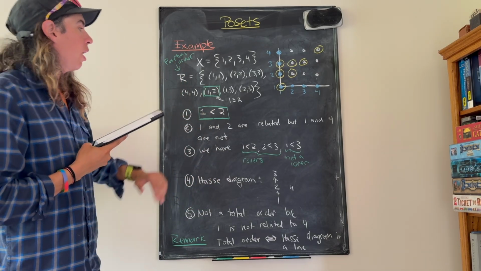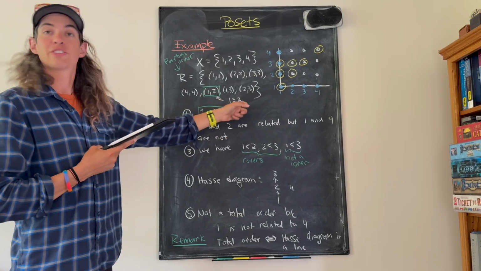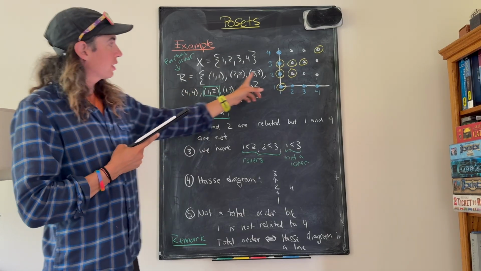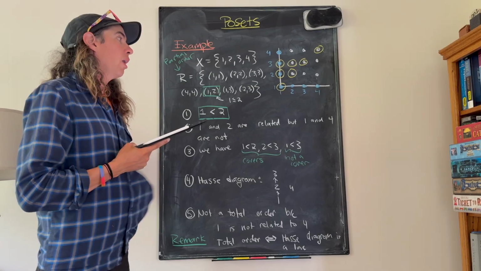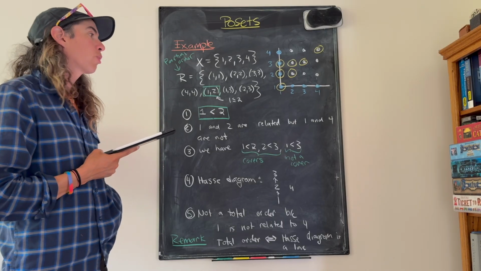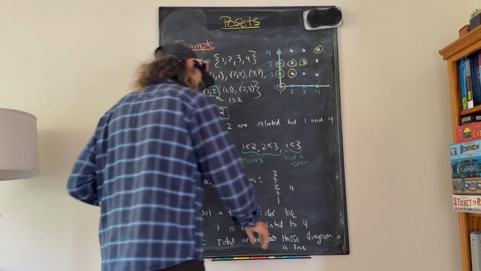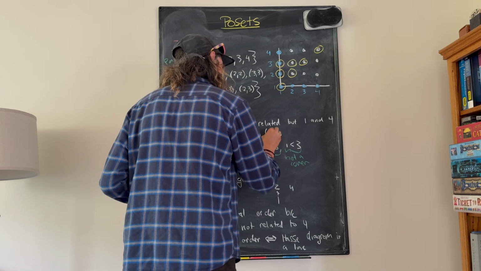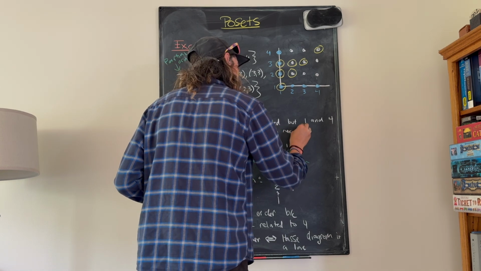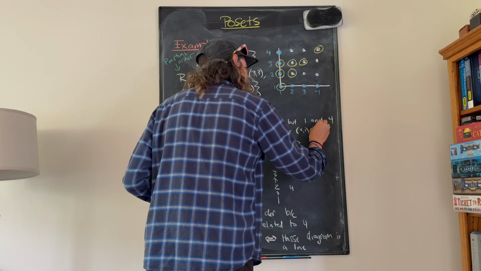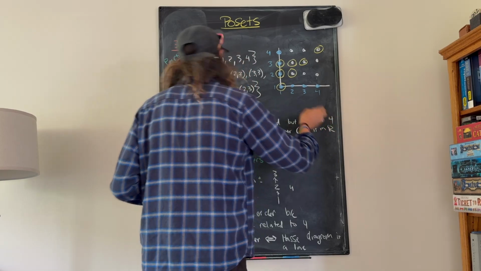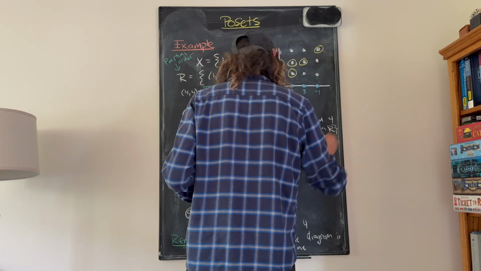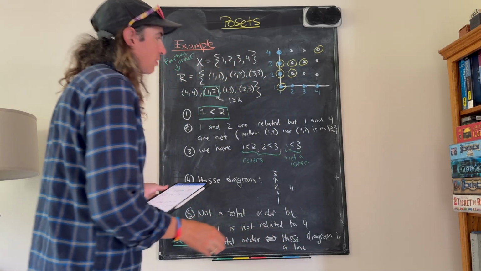Number 2. 1 and 2 are related because 1 is less than or equal to 2, but 1 and 4 are not related. If you look at the elements 1, 4, neither (1, 4) nor (4, 1) is in R. Notice that I've actually used two different notations here.